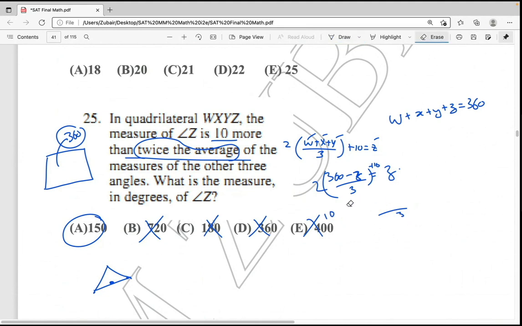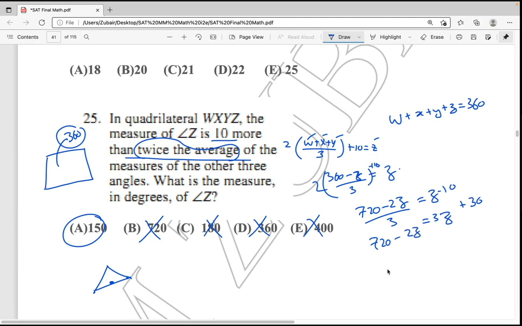No, let me do it. When you multiply with 2, you get 720 minus 2z over 3 is equal to z minus 10. So 3z plus 30 and 720 minus 2z. 30 is coming on this side.